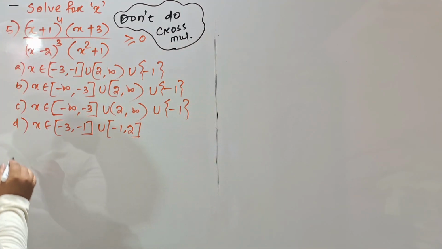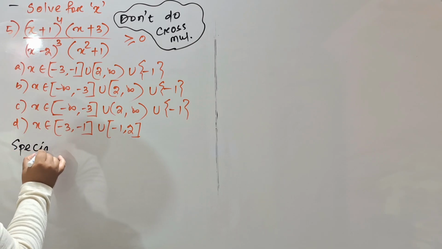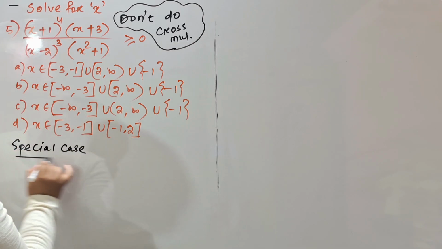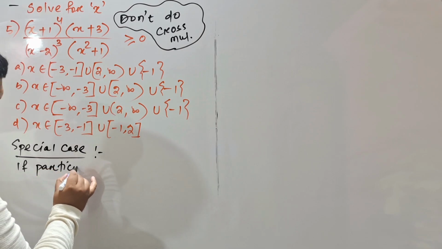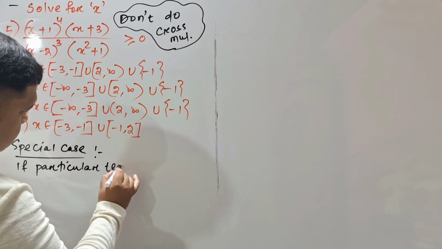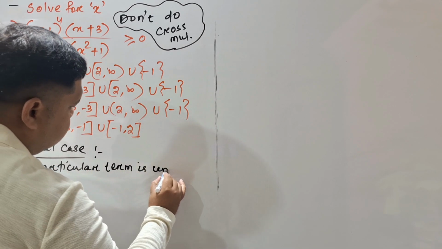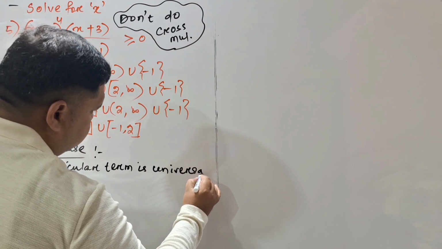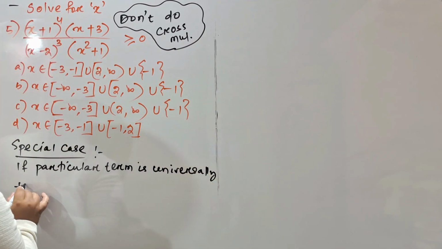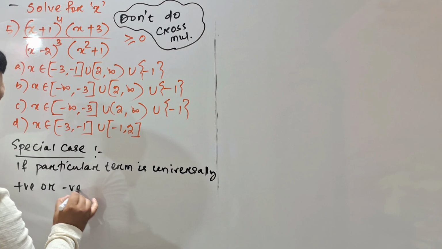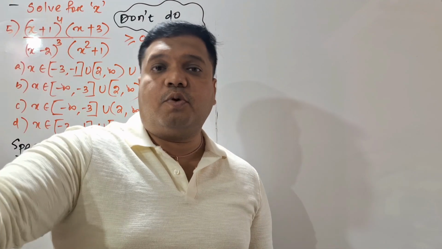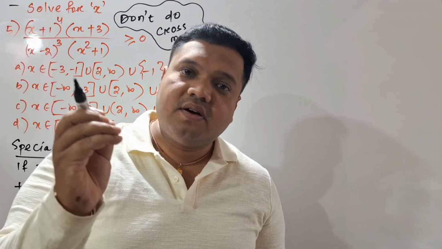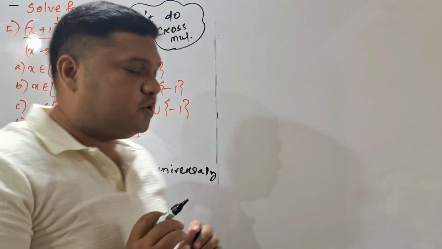But there is a special case. If a particular term is universally positive or negative, means for every value of x, that expression will result positive value, that is called universally positive.